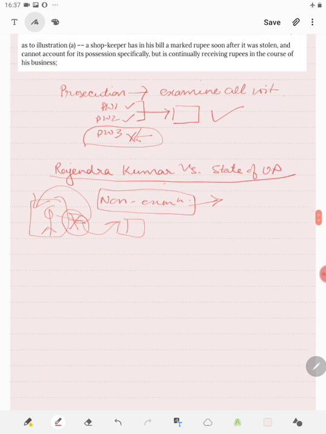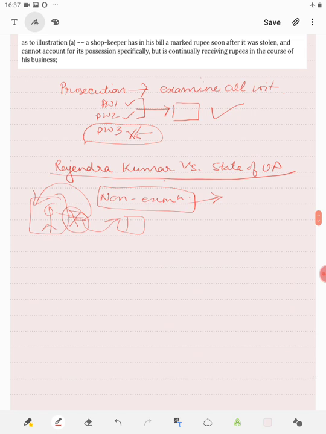Now, as far as marriage is concerned, whether a boy and a girl are husband and wife or not.